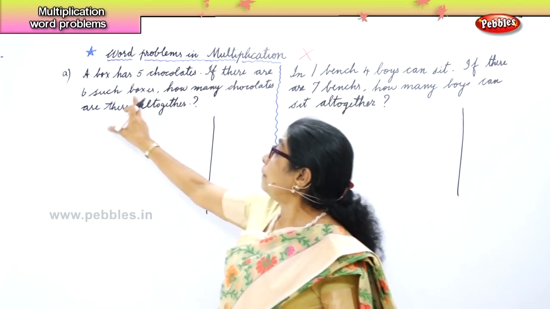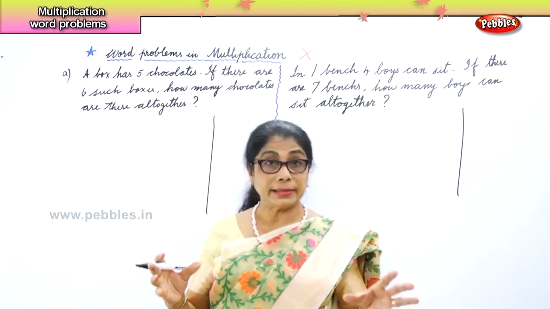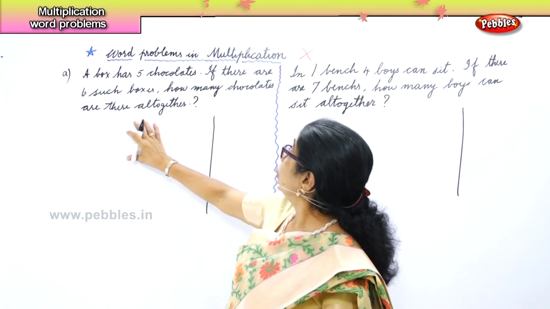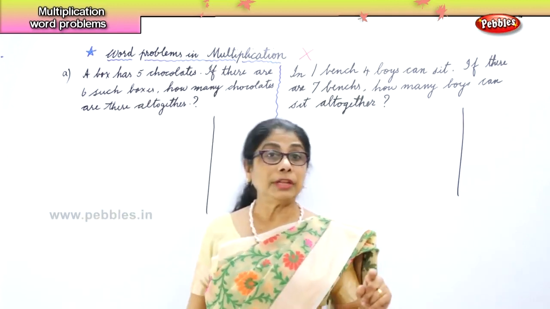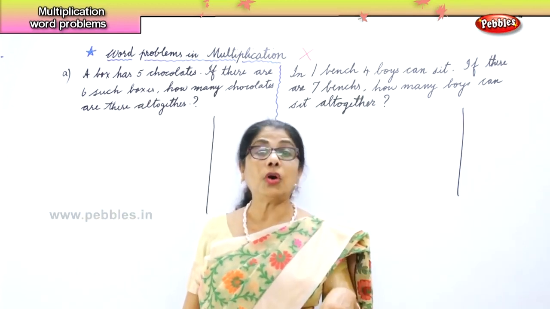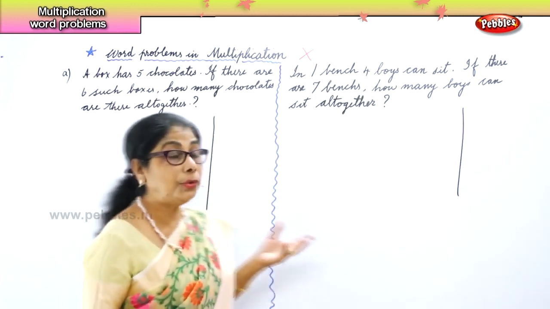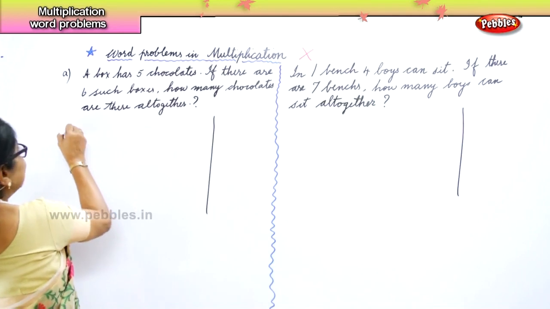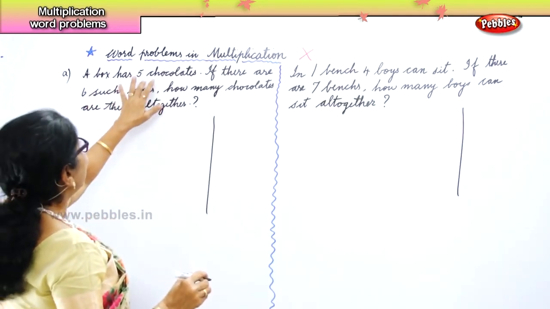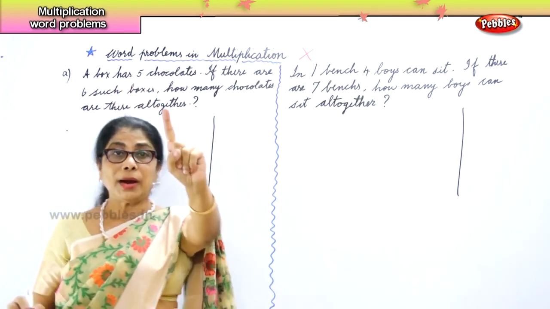Then number of boxes, 6. Therefore, the total number of chocolates. So that's what we are going to do: 3 statements. The first statement we are going to write is number of chocolates in one box.